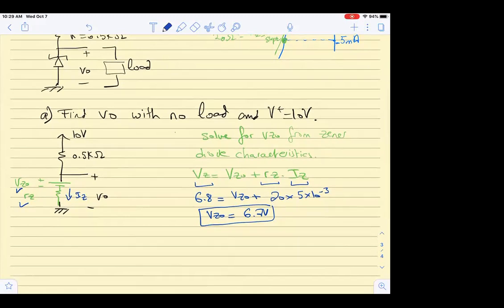The first step was to find VZ0, and the second step in this problem is to say 10 volts is equal to 0.5 times 10 to the 3 times IZ, plus VZ0, which is 6.7 volts, plus RZ, which is 20, times IZ. Is this clear now?